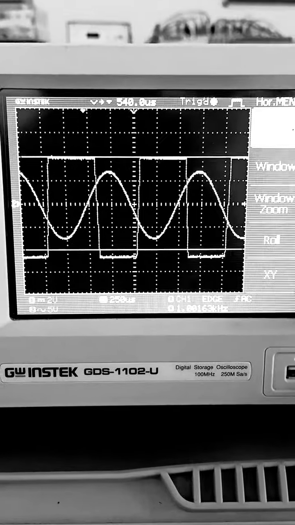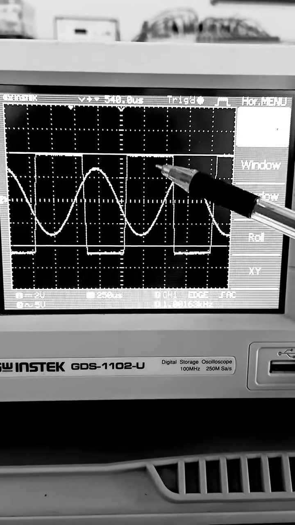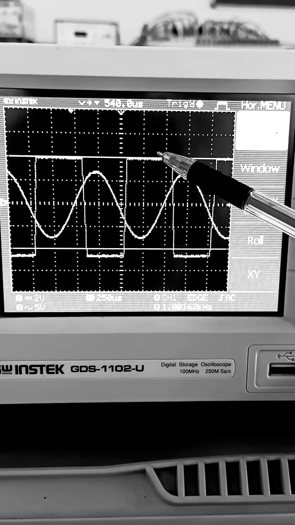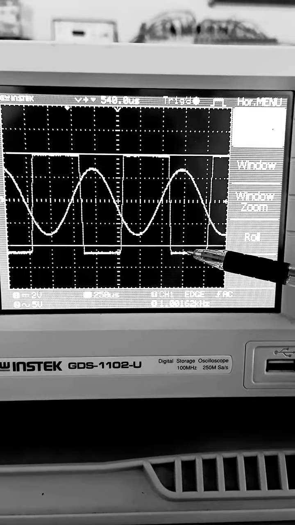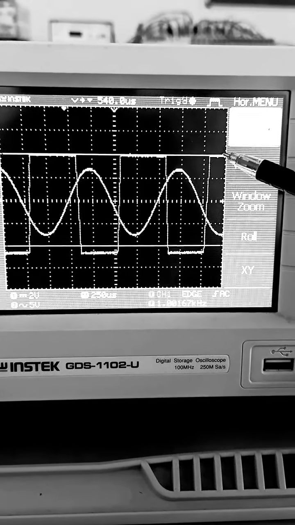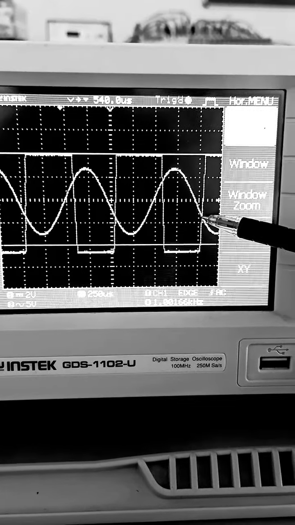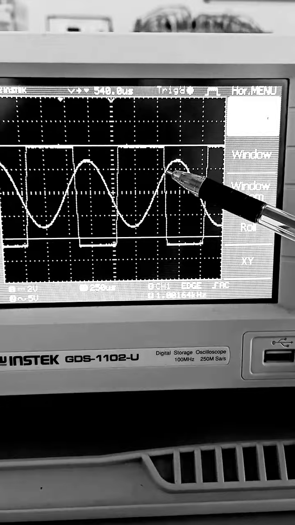Now how to measure the UTP? This is the UTP point when the V saturation is shifting to the minus V saturation, and when minus V saturation shifts to plus V saturation, we will call it LTP. Now we will measure the voltage value at this point.